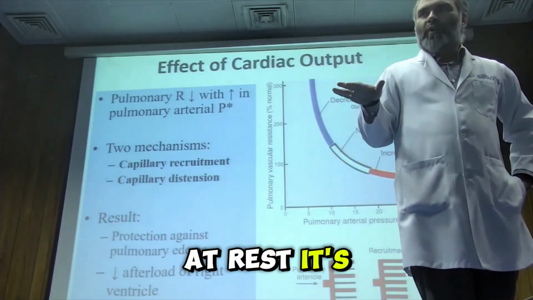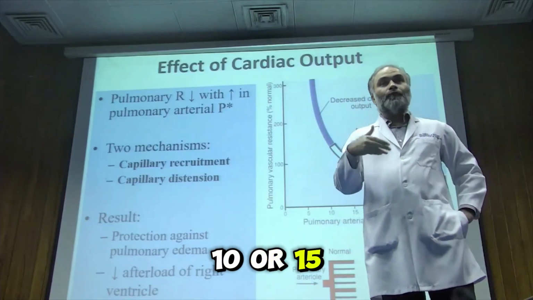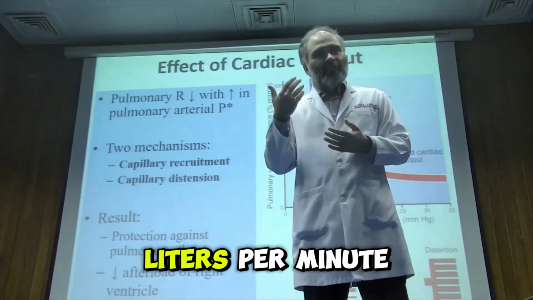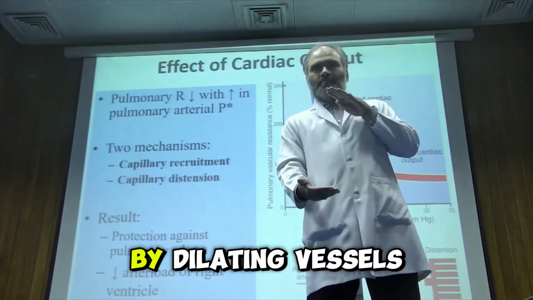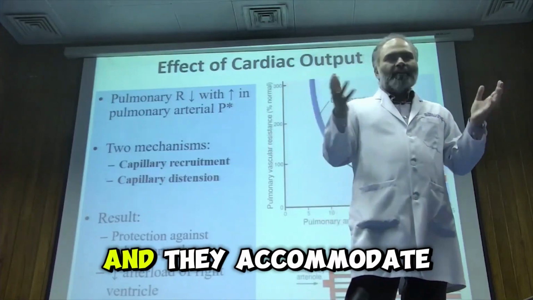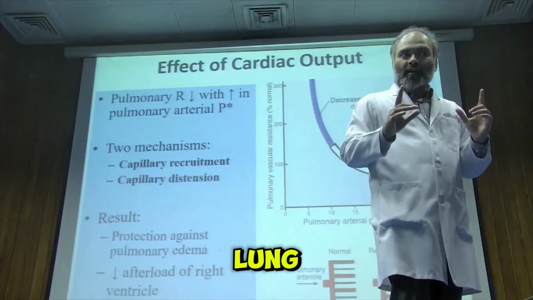At rest, it's 5 liters per minute. But when you exercise, it may go up to 10 or 15. If you really are pumping, it may go up to 25 liters per minute, right? How will the lung accommodate it? By dilating. Vessels are dilated like anything, and they accommodate that high flow, keeping the same pressures inside the lung.